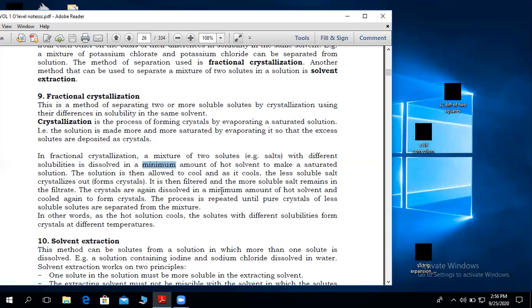The crystals are then filtered, and the more soluble salt remains in the filtrate. So the salt that is more soluble remains in the filtrate, and the one that is less soluble remains in the filter paper. That is the method of fractional crystallization.